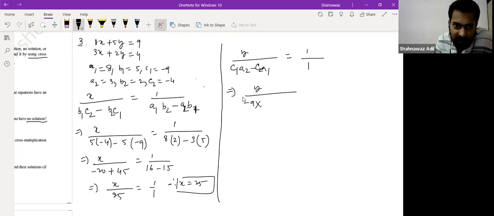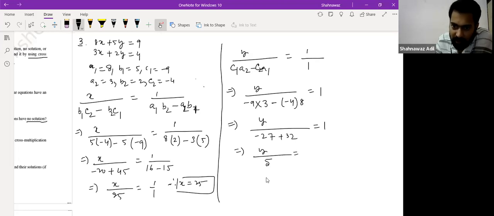A1 C2 minus A2 C1, so it is 3 times -9 minus 4 times 8. So this is 27 plus 32. Right. So this is 5. So y is 5.